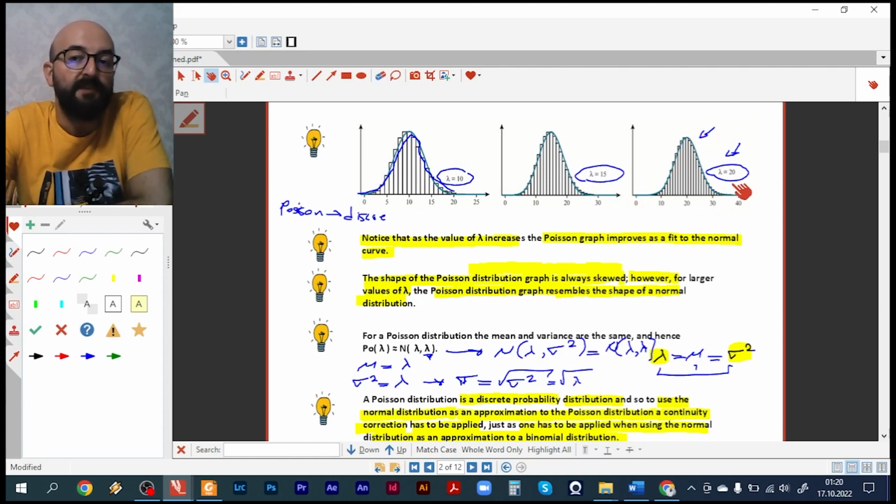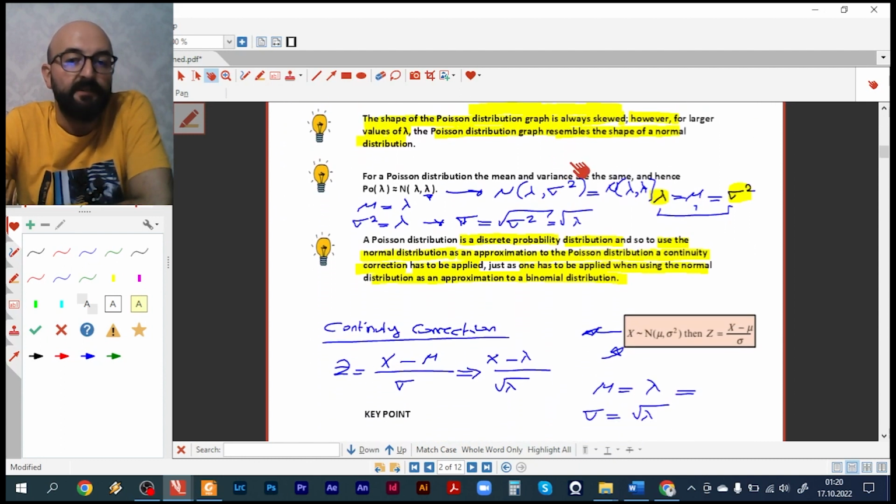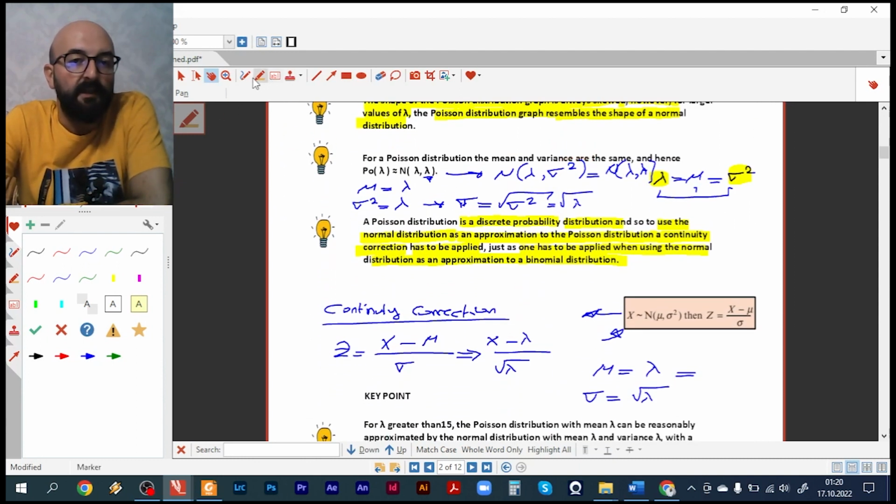So it becomes a very symmetrical curve. And please remember that in the Poisson distribution, lambda means mu, and your mean and variance are the same value.